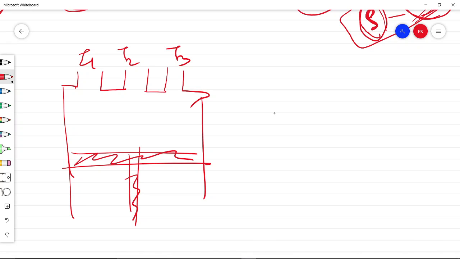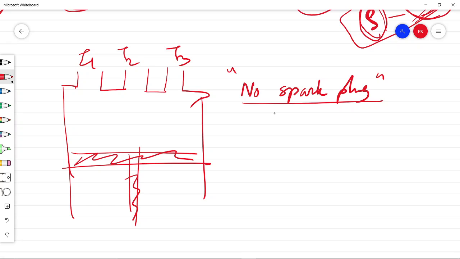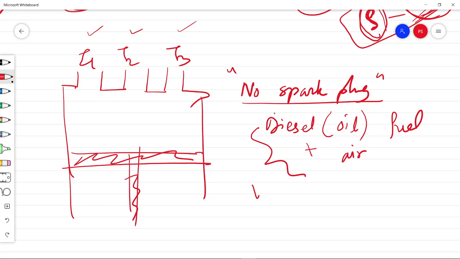Note that it does not have any spark plug, so it does not require any external spark to initiate ignition. Then it has three valves instead of two, as was the case with petrol engine. Further, we are going to use diesel, which is a typical oil retrieved from refineries, as a fuel along with air. So this mixture is the working substance.